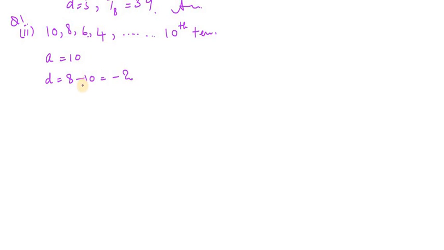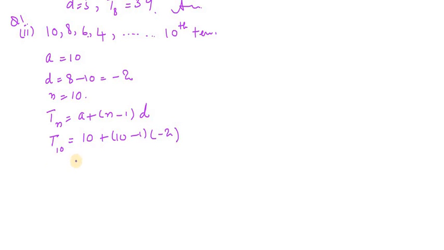This is an arithmetic progression and the indicated term n is 10. So the general formula of arithmetic progression, its nth term formula, Tn is equal to a plus n minus 1 of d. We put in place n equal to 10, a is 10, n is 10 and d is minus 2. 10 plus 9 times minus 2, so 10 minus 18.